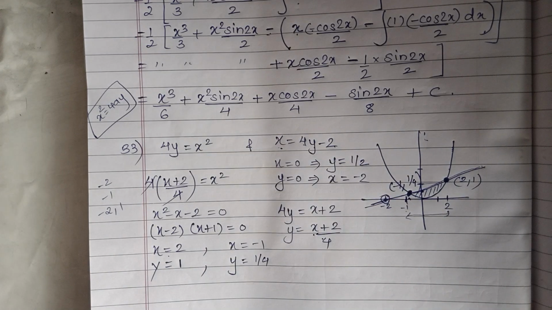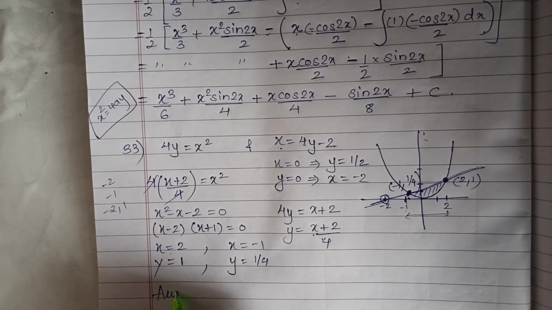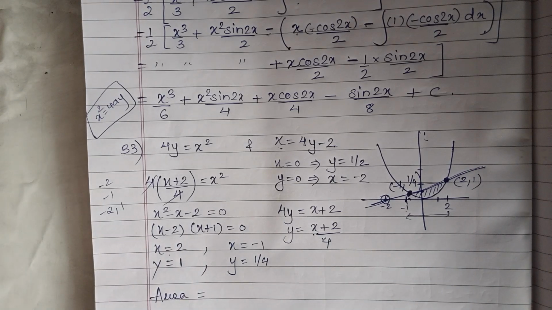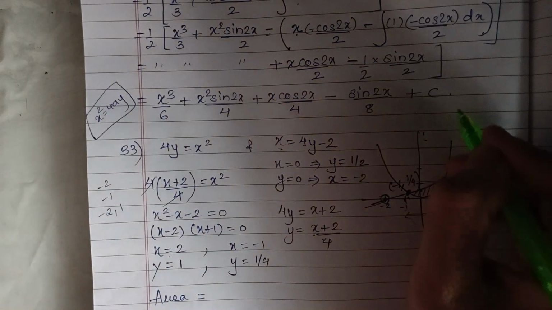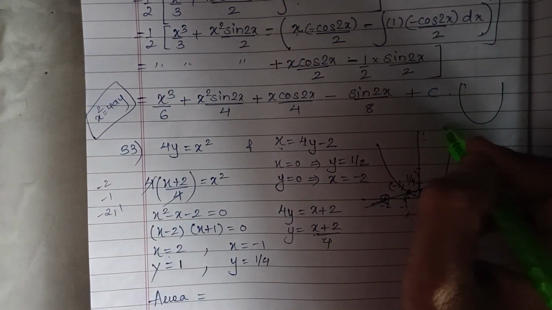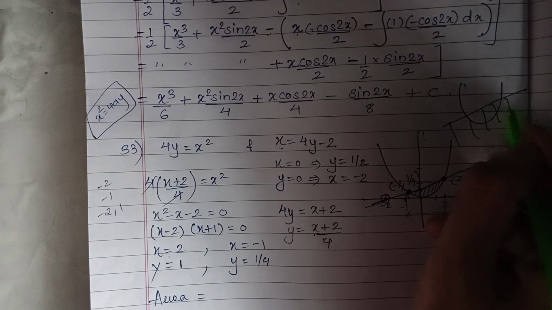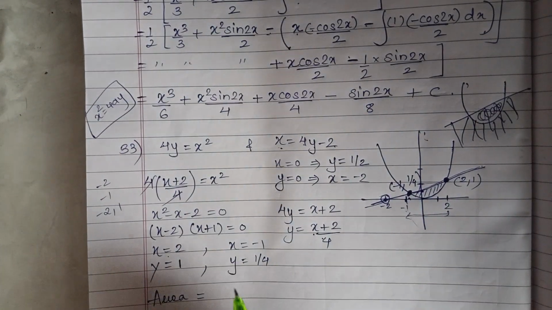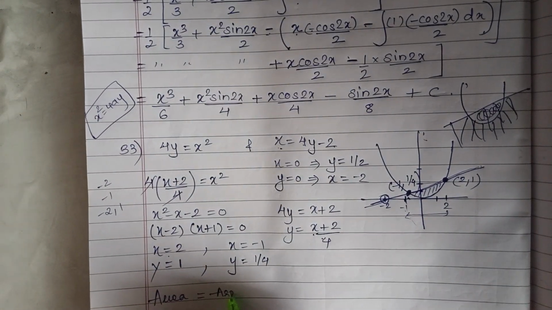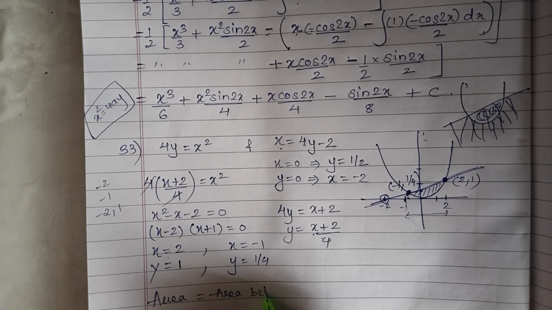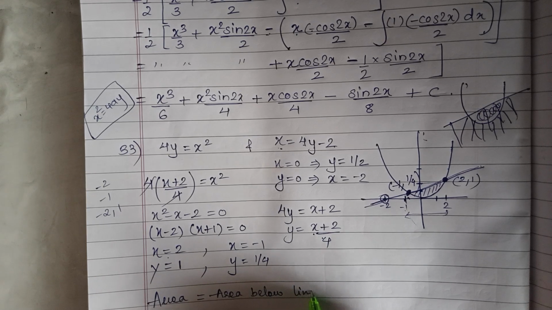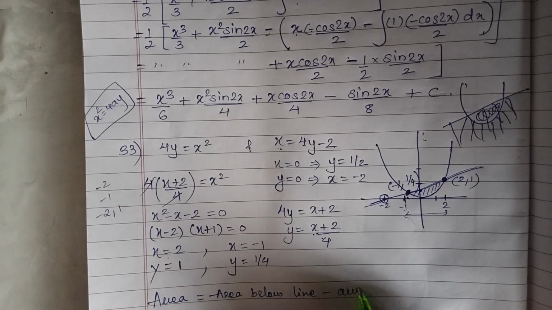So we have to find the area below the line minus area below the curve. So that we'll get this area.